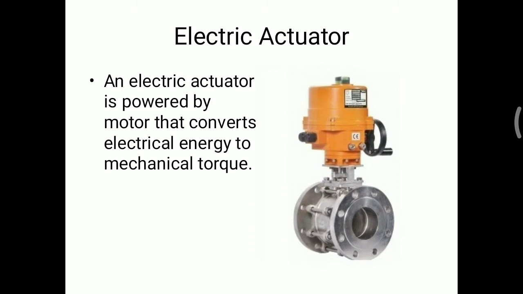Electric actuator. An electric actuator is powered by a motor that converts electrical energy to mechanical torque, and hence the stem moves upward and downward to open or close the valve.